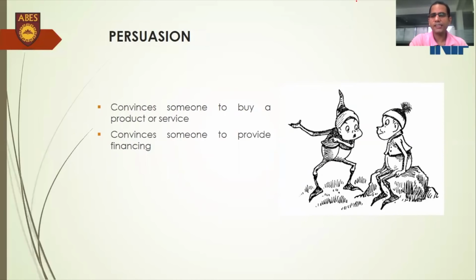Persuasion, right? So we all have these competencies. The level may be different in each one. Probably in some competencies you are scoring 10 out of 10, in some you are scoring 1, 2, 3, 5. So levels may vary, but you do not have a score of 0 in any competency.